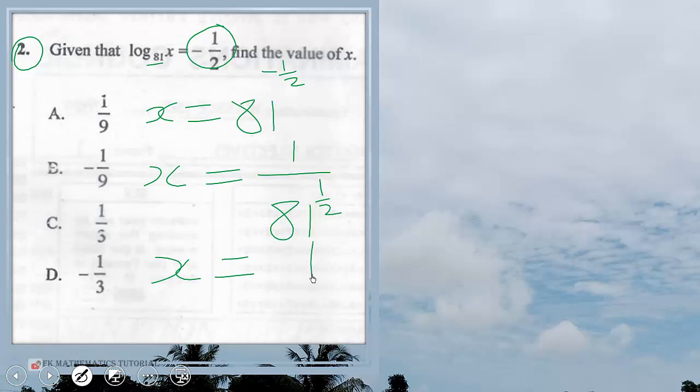Now exponent half is the same as square root of 81, and square root of 81 is the same as 9. Therefore x is equal to 1 over 9. So the correct answer is option A.